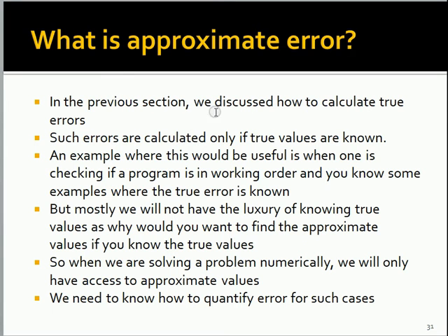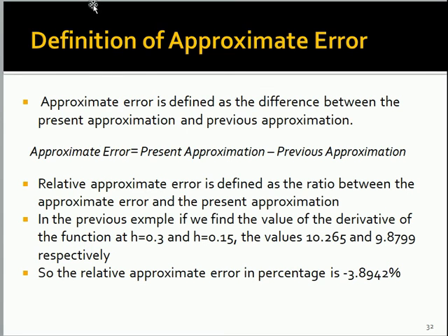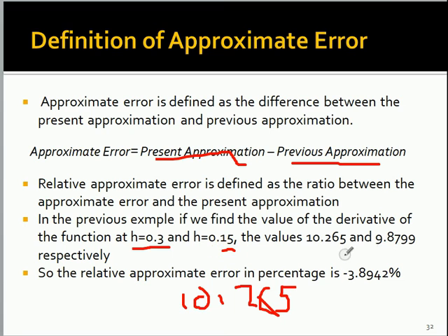And what is an approximate error? Okay, this is an approximate error. You have a present approximation and the previous approximation. That means you try it for different values. You try it for 0.3, we already did that. We got 10.265. And then if you do this for 0.15, then you will get 9.8799. So the present one is 9.8799 and the previous one is 10.265.